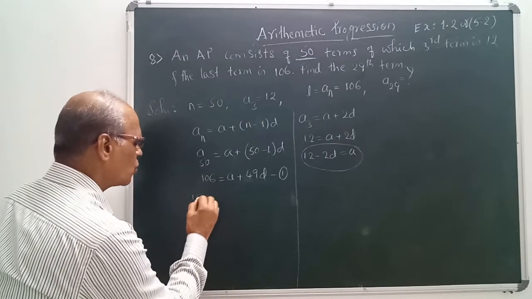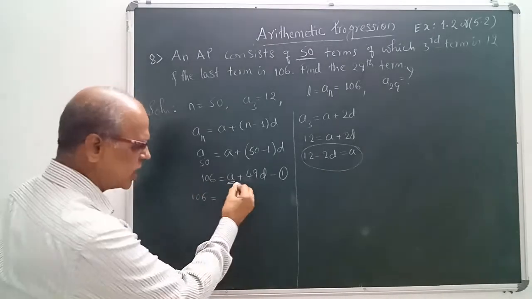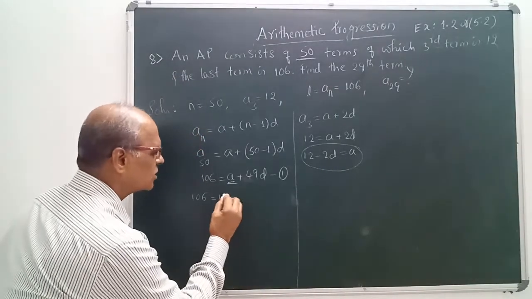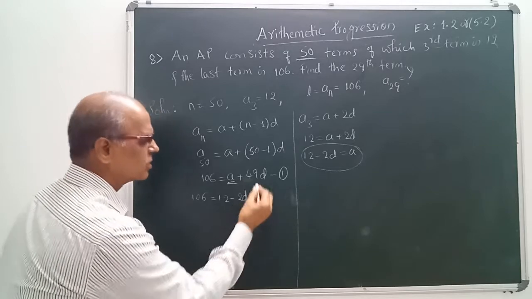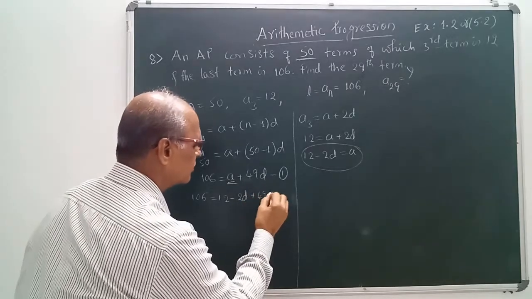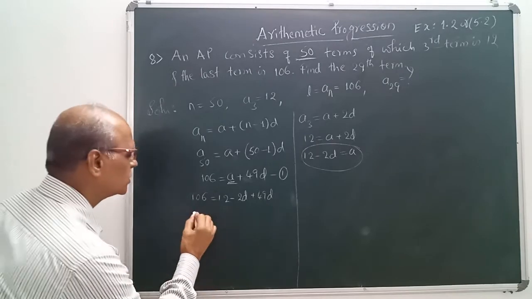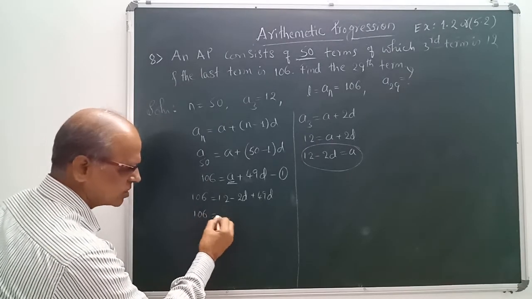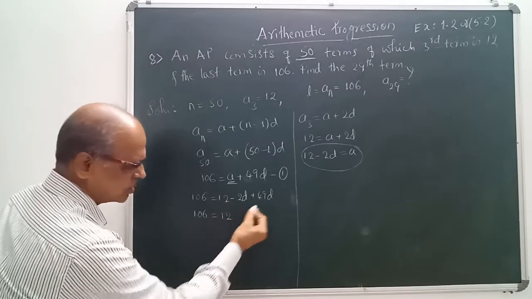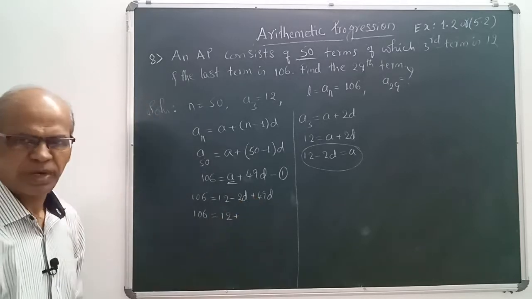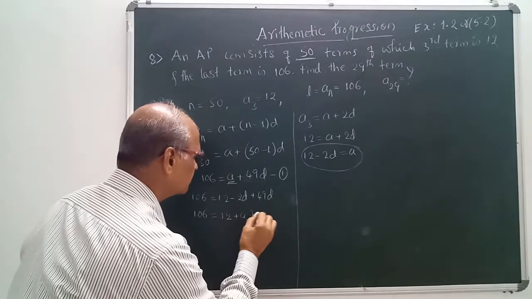That means 106 is equal to, what is your A? A means 12 minus 2D, plus 49D. 106 is here only. So this is 106, 12 as it is. 49 minus 2 is plus, because the greater number has the plus sign, 47D.